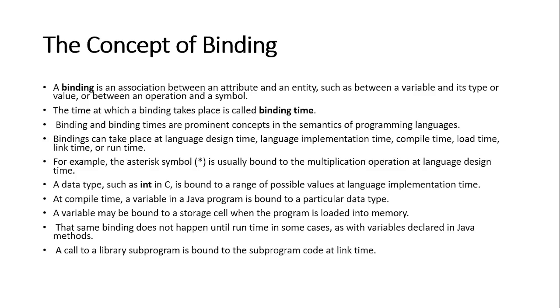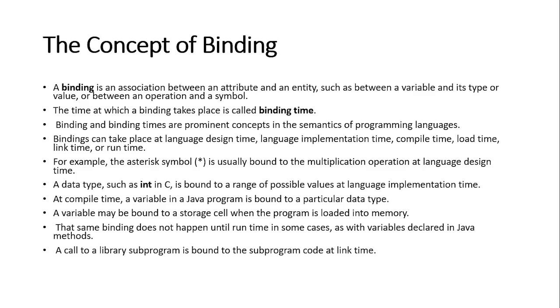Java methods can have different variables, so those will have their binding at runtime. A call to a library subprogram is bound to the subprogram code at link time.